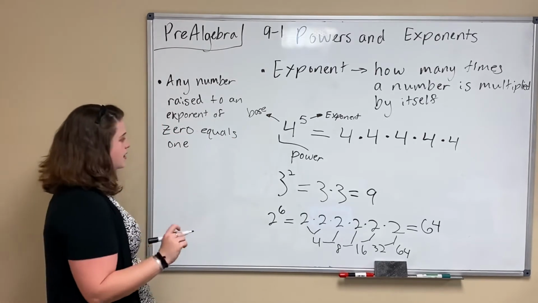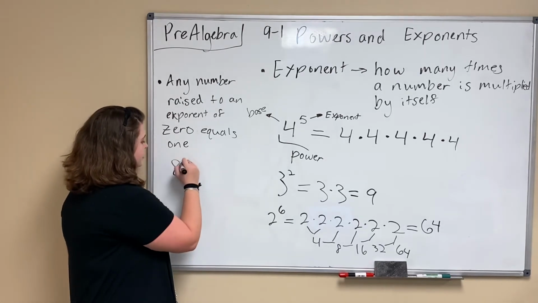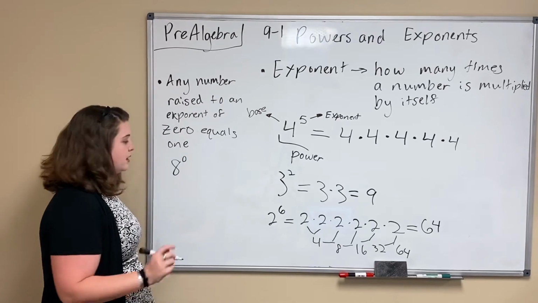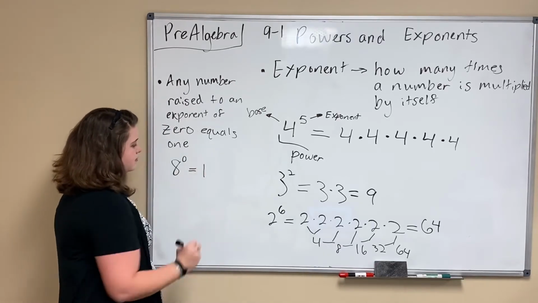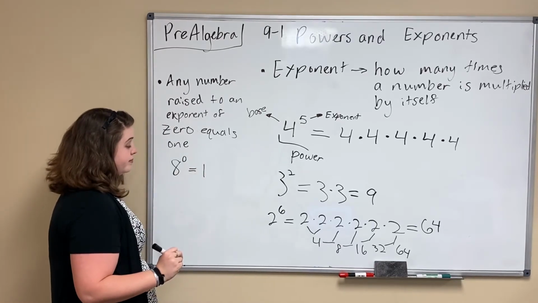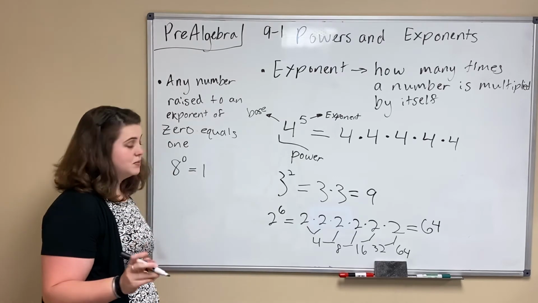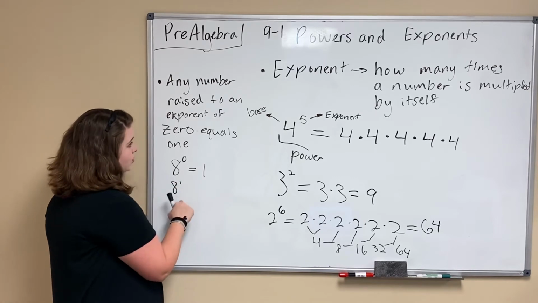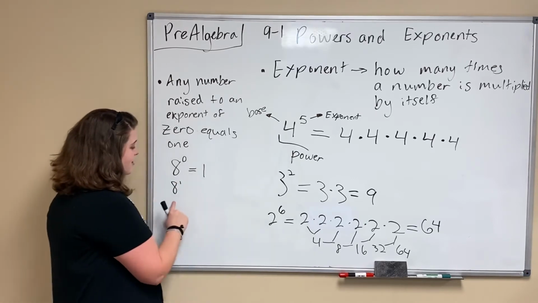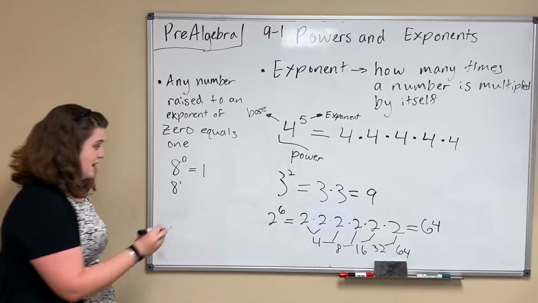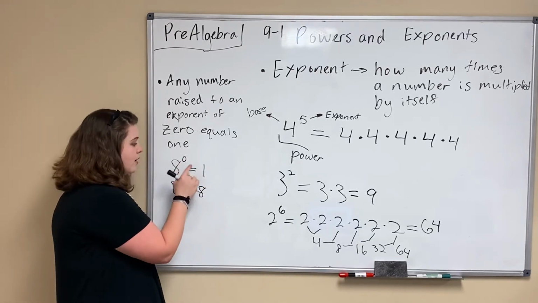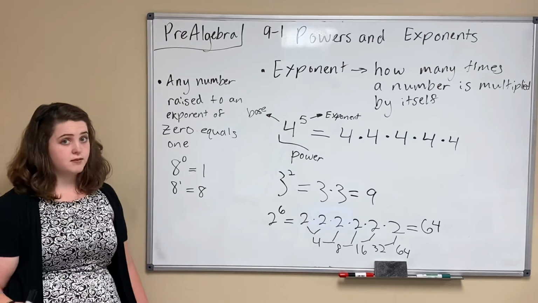What I'm basically saying is if I had 8 raised to the 0 power, that equals 1. It doesn't equal 8 because 8 raised to the 1st power would be 8 multiplied by itself 1 time, which would just be 8, right? 8 raised to the 0 power is always going to be 1.